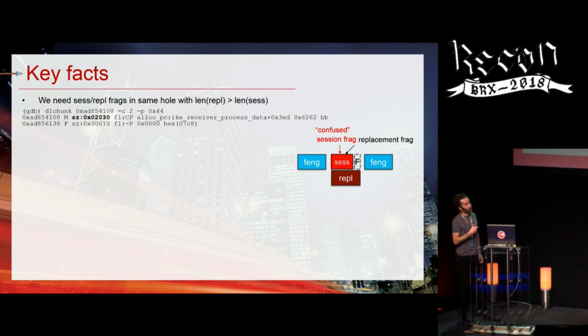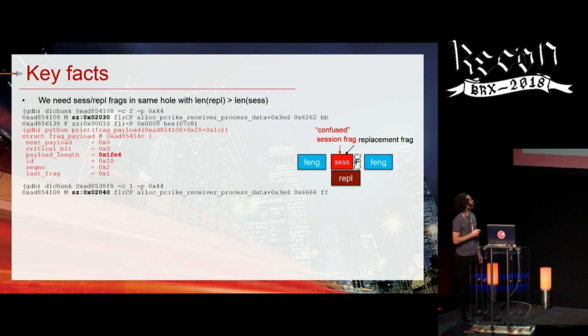So this is before the actual memory corruption. We can see that the actual length of the fragment is 1FE6 in this case. So this is the actual header of the IKEv1 fragment. After we corrupt it, we have the same address as before, but we replaced it with a 2K chunk.